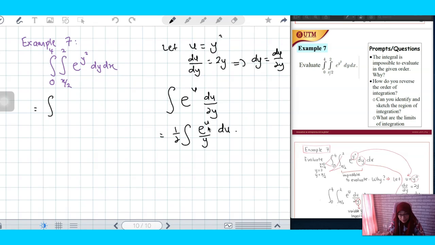Maybe you can replace the y using this equation, which means y equals plus or minus square root of u. So now you have e to the u over plus or minus square root of u du. Now everything is in terms of u. Yes, that is correct, you managed to transform everything from y into u.